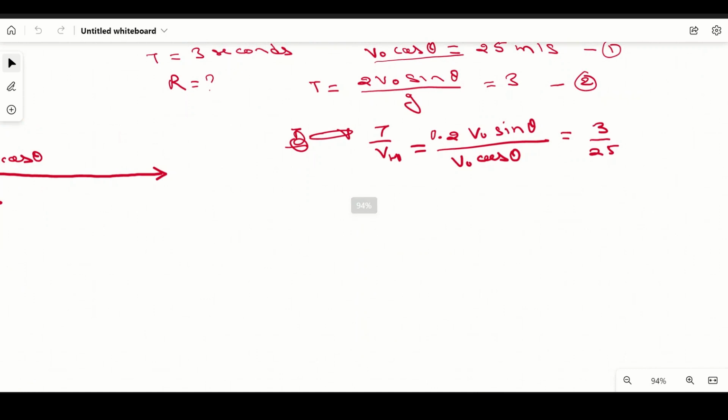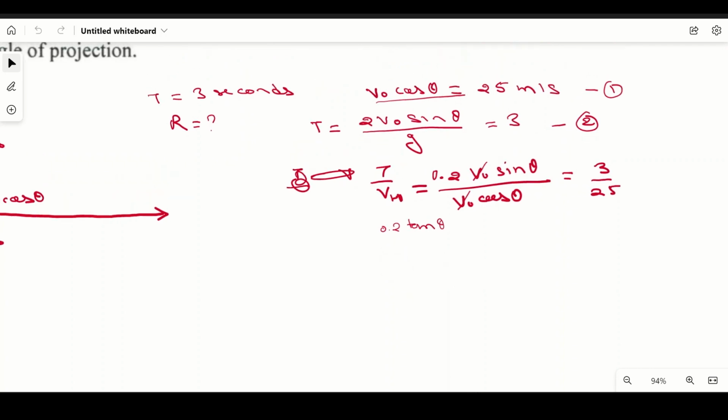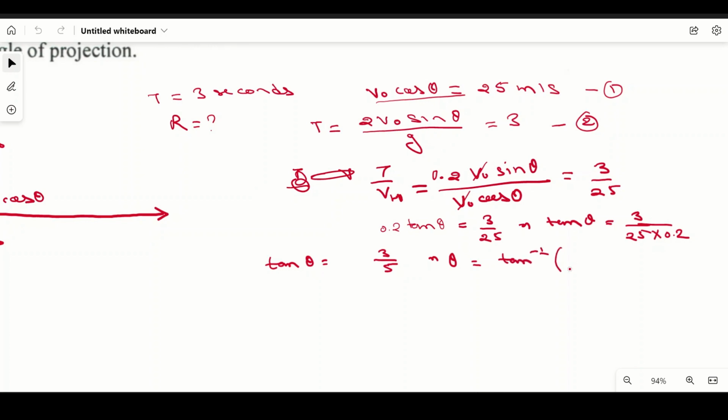You can see that V naught will be cancelled by V naught. So 0.2 into sin theta by cos theta, which is tan theta, is equal to 3 by 25. So tan theta is 3 by 25 into 0.2, so tan theta is 3 by 5. So theta is tan inverse of 3 by 5, which is 0.6.